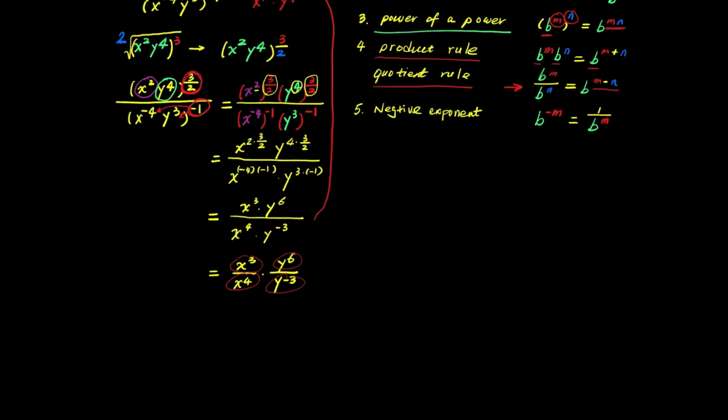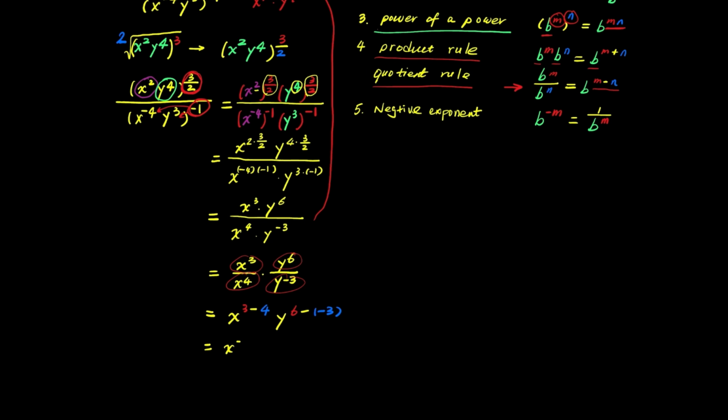So let's apply the quotient rule. For the x terms, we subtract their exponents. So it's going to be x to the 3 minus 4. And for y terms, again, we subtract their exponents. 6 minus negative 3.